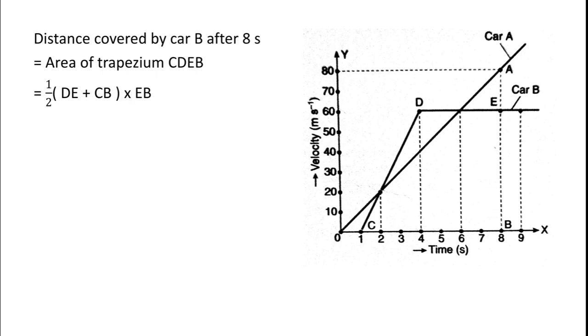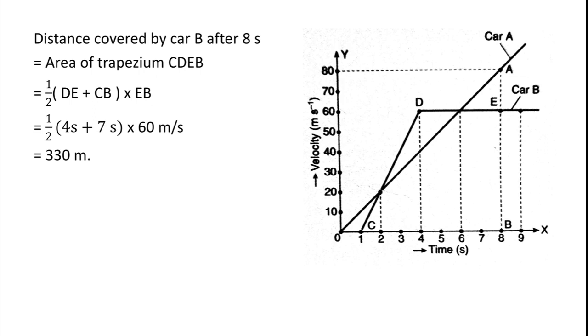Now we know the value of DE is equal to 4 second and CB is equal to 7 second and EB is equal to 60 meter per second. So after putting this value we have 330 meter. So we can say that distance covered by car B after 8 second is 330 meter.